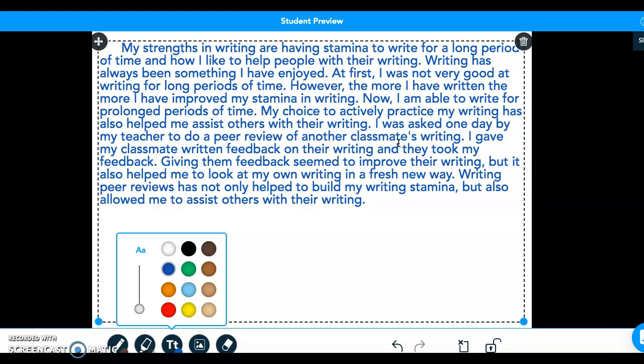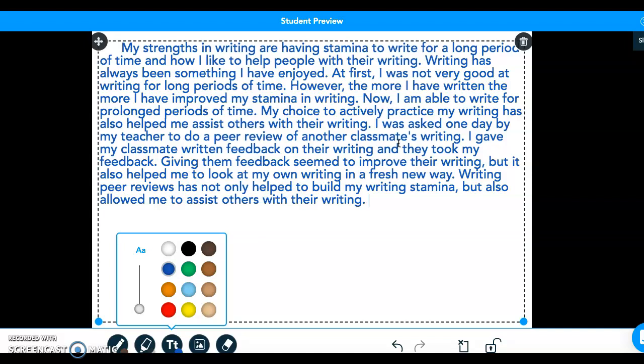Then I want to end this paragraph. And the best way to end this paragraph is to transition my reader to my next paragraph.